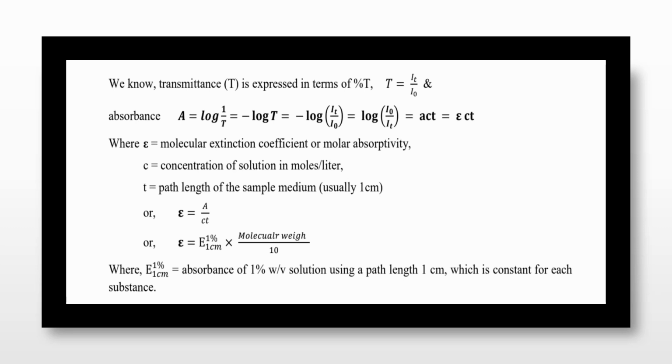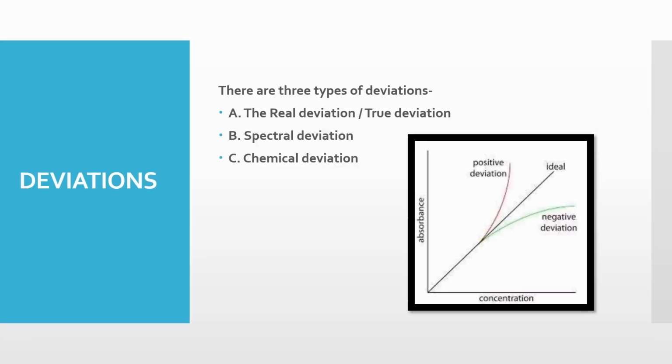So E is equal to the molecular extinction coefficient or molar absorptivity, C is equal to the concentration of solution in moles, and t is equal to the path length of the sample. So this is the final formula of Beer-Lambert's law.